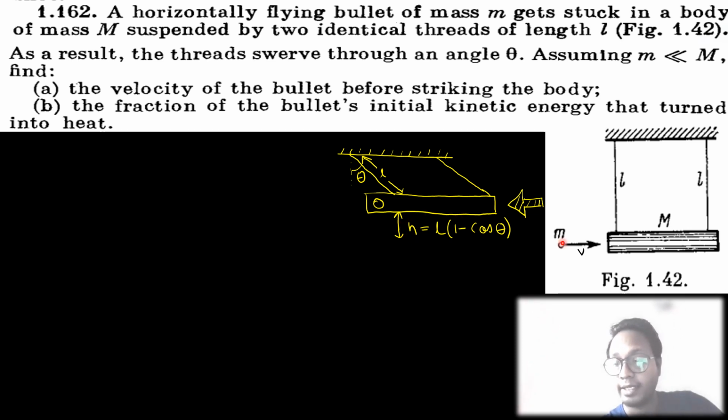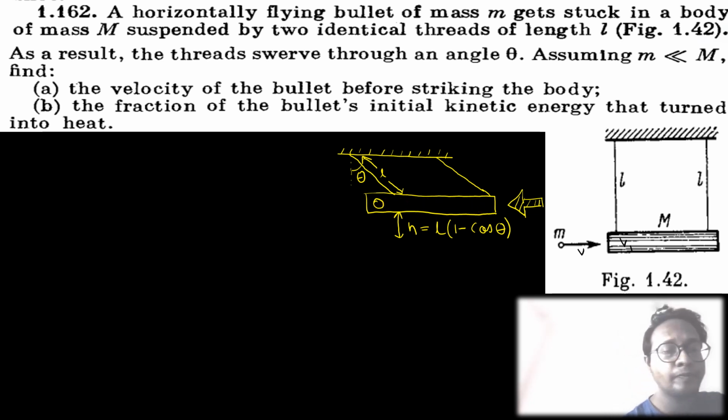Now let's say after the bullet has been lodged inside this plank, the velocity of the entire system becomes v1. Okay, so can I apply the work energy theorem? If I apply the work energy theorem, what is the final velocity of the system out here? 0, because it will come to a stop after reaching out here, no?